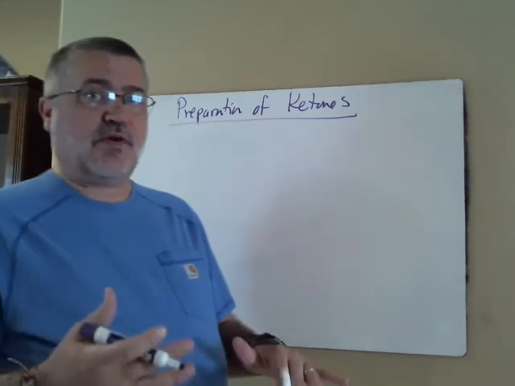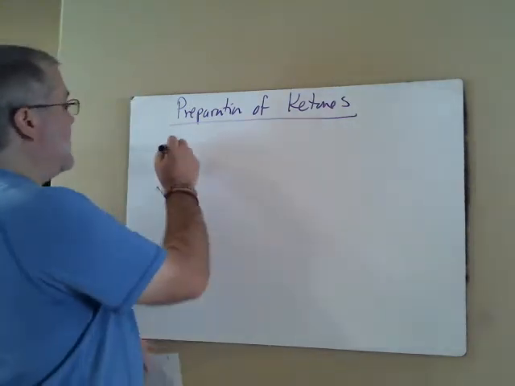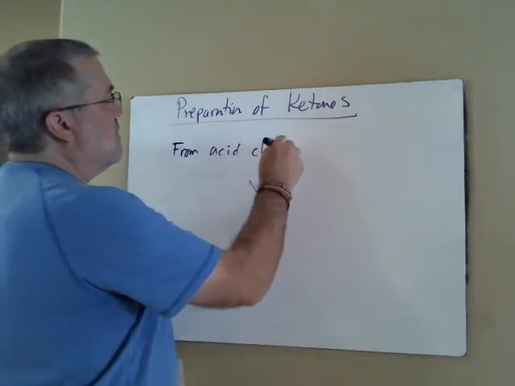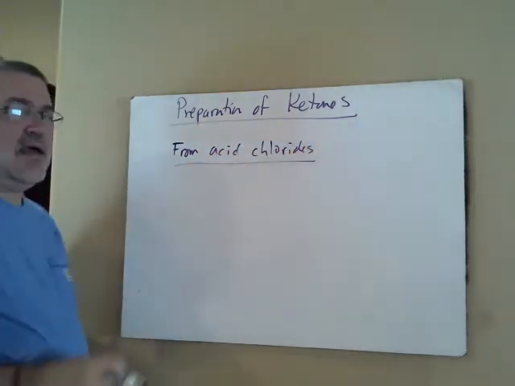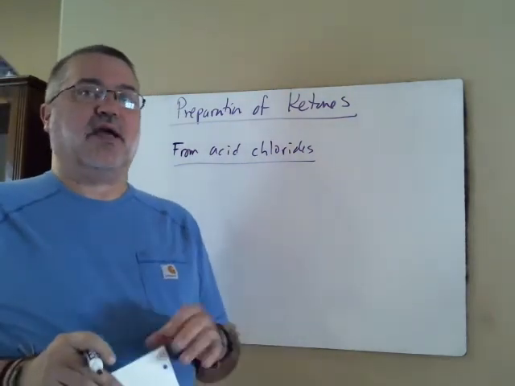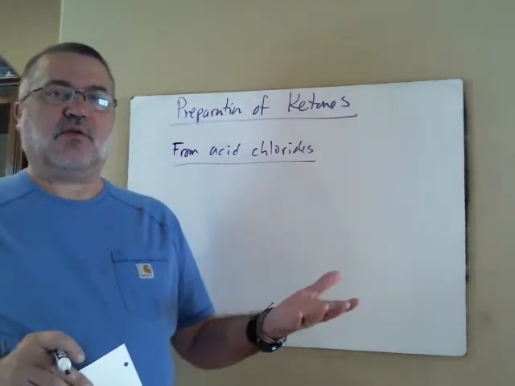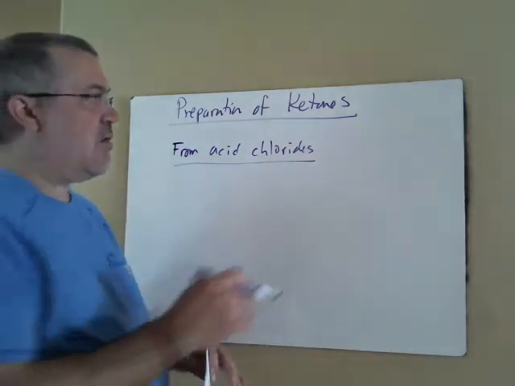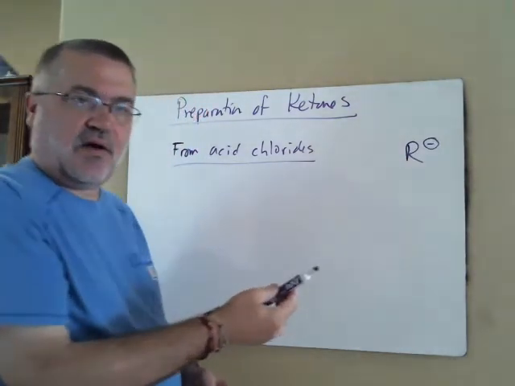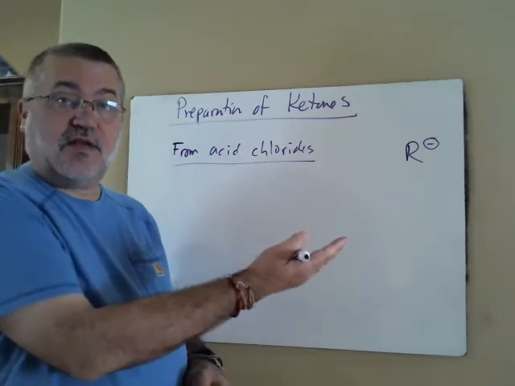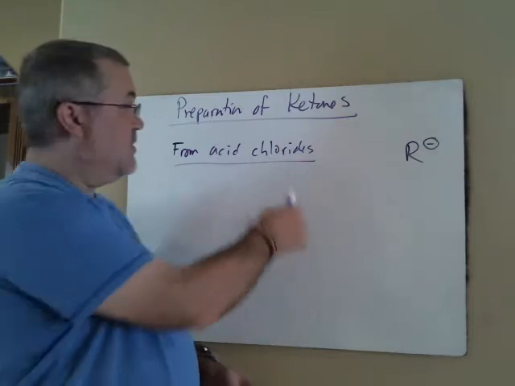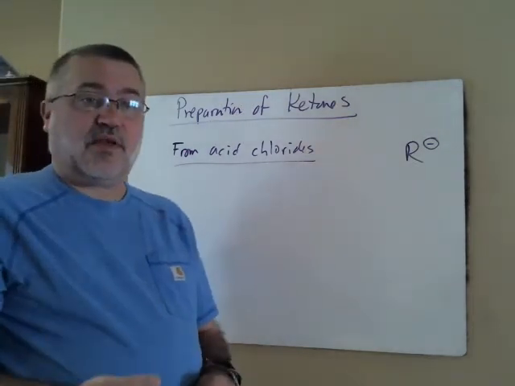I kind of foreshadowed this last time, and that is it's a reaction that actually comes from acid chlorides. It uses basically what we would call a partial alkylation. Because we know normally if you took an acid chloride and reacted it with something like a Grignard reagent, which is an R nucleophile, which is what we would need here to convert an acid chloride into a ketone, we would need an R group to substitute for the Cl, and then we'd end up with a ketone.